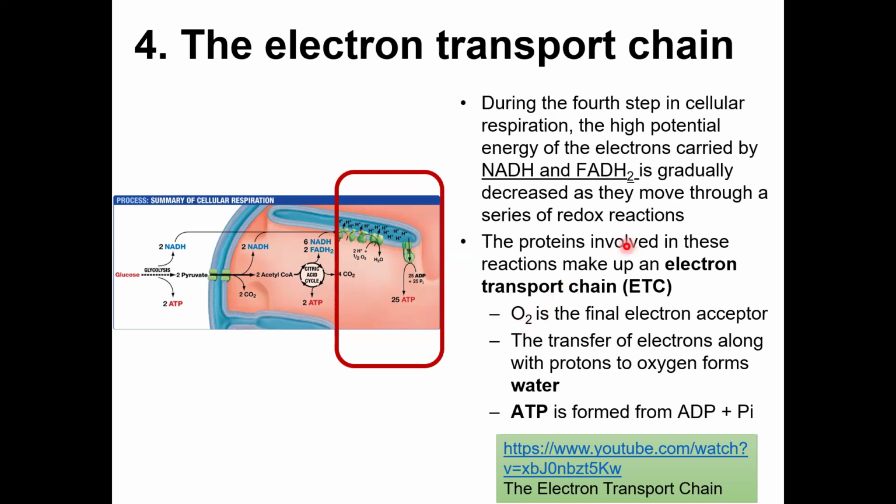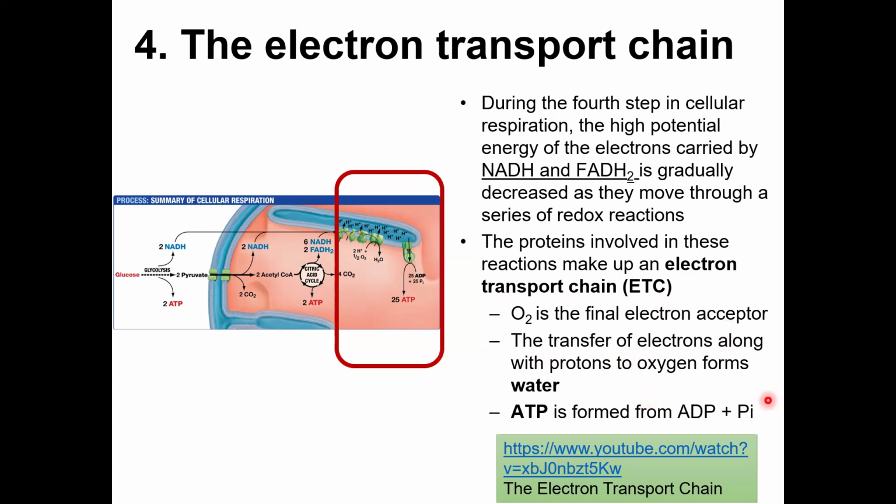The proteins involved make up an electron transport chain, and oxygen is the final electron acceptor.